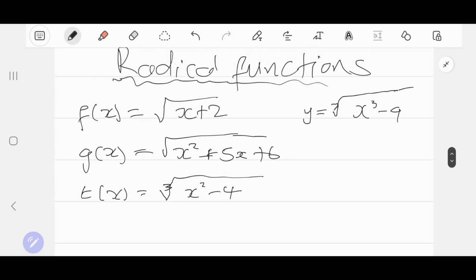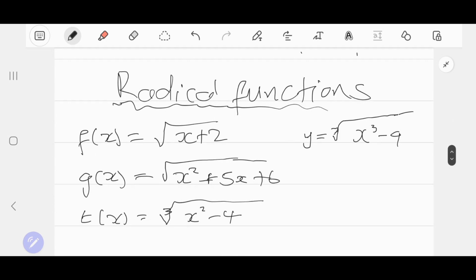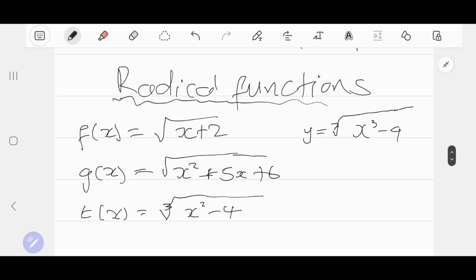So this means now, according to what I've written here, people, this is very important, because it will help us conclude. You need to check the root sign of that particular radical function that will be given.